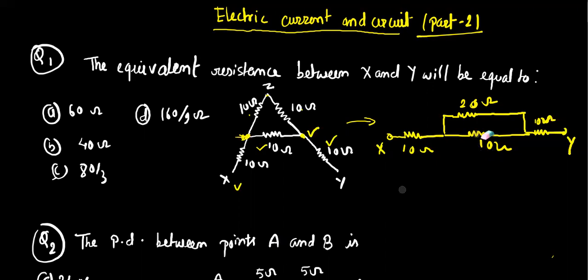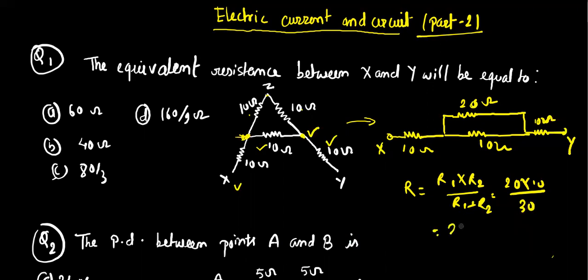So by using the formula we can calculate the equivalent resistance of these two. We have a direct formula for two resistances in parallel combination, that will be R1 times R2 by R1 plus R2, and 20 times 10 by 30, so we can write 20 by 3.